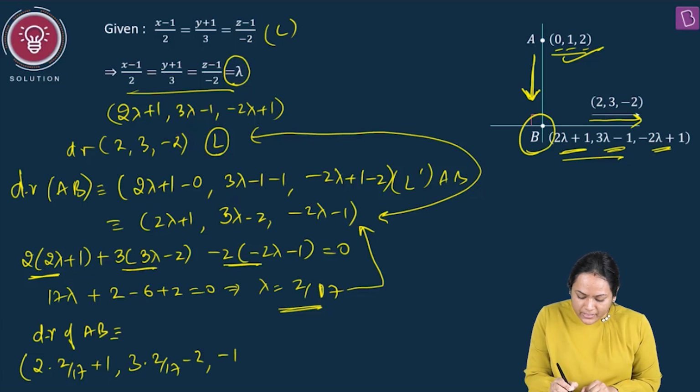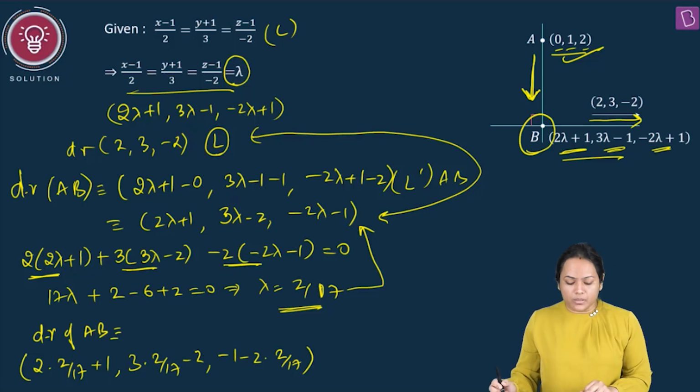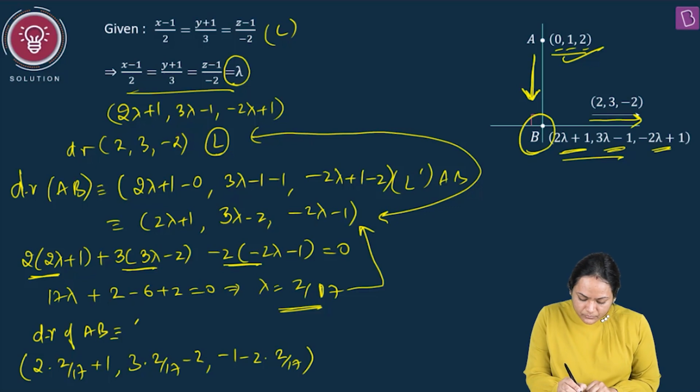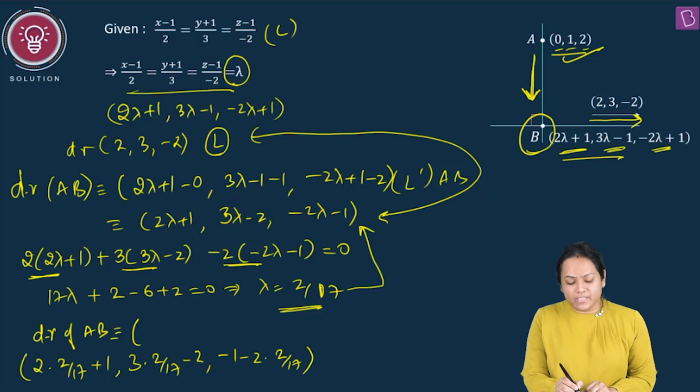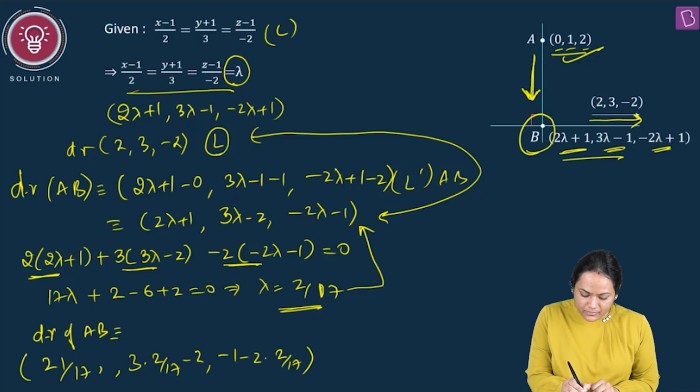Then I have minus 1 minus 2 into lambda, that is 2 by 17. So when I actually solve this, the first term is going to become 4 by 17 plus 1, that is 21 by 17, right? So it's going to come out as 21 by 17.